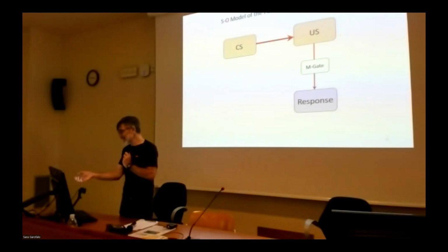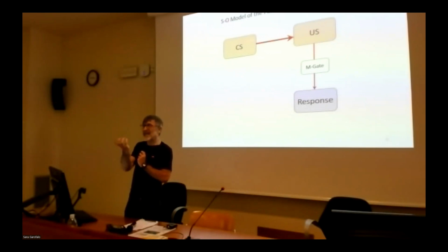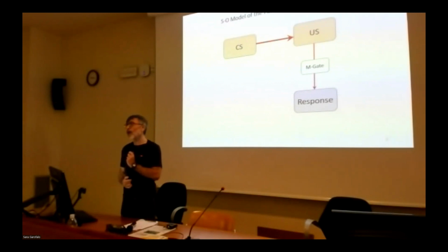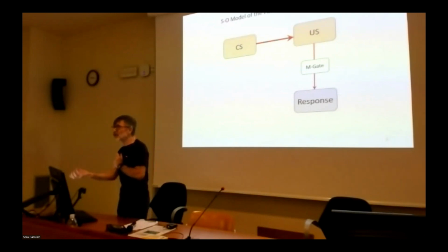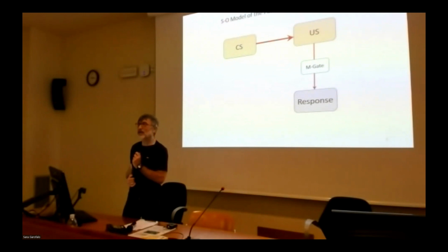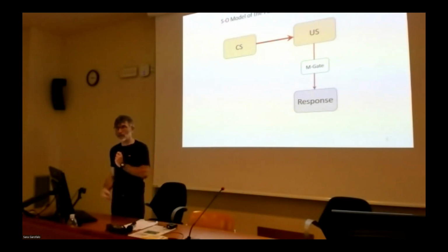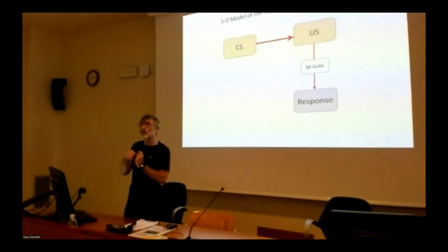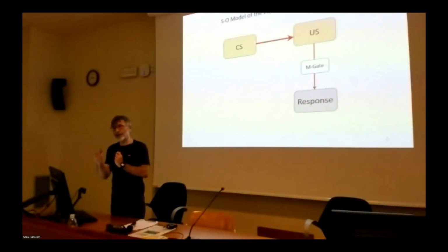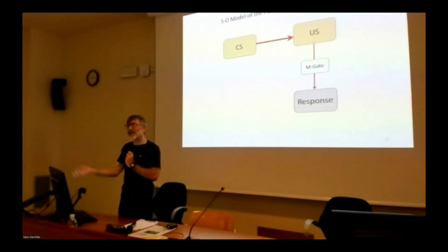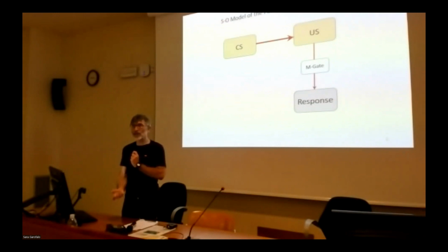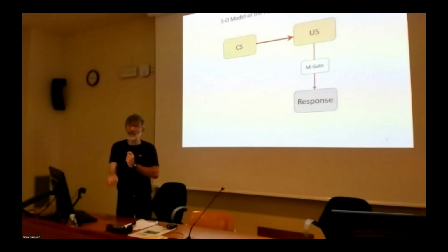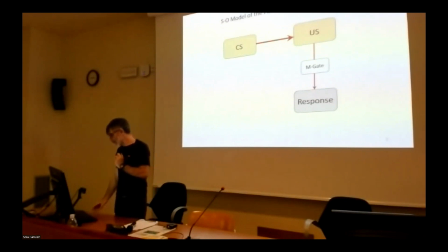So the US has an intrinsic value because it's food, a valuable object for the agent, and this value is transferred to the conditional stimulus slowly, iteratively, through reward prediction error and dopamine. This is what the agent is learning: the value of the CS. The CS is initially neutral, then becomes valuable with successive presentations of this pairing.